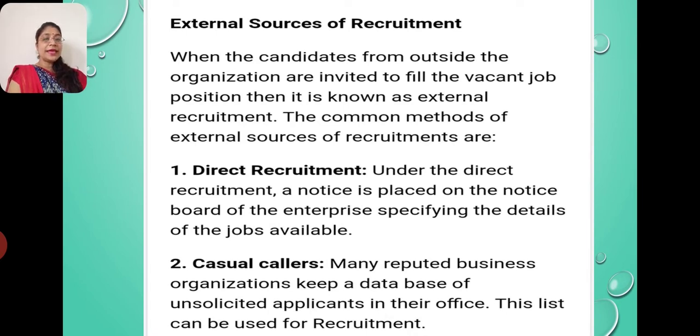Okay, then next is casual callers. Many reputed business organizations keep a database of unsolicited applications in their office. So for example, once we have given an advertisement and got a number of applications, the ones who are selected will join the organization, but the other applications, the CVs, biodata, we keep with us in a record.